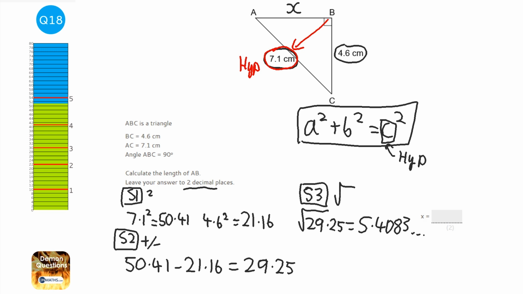It wants 2 decimal places, so I'm going to write 5.41 because that 8 moves that 0 up by 1. Now, last step is just check it makes sense. Well, this being 5.41 means that the 7.1 is still the longest side, so we know we've probably got it right.